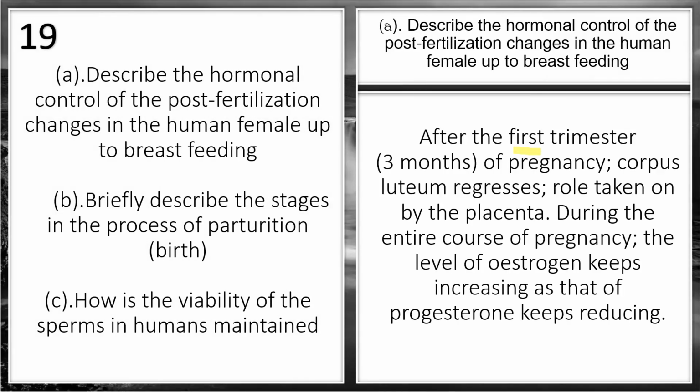After the first trimester, 3 months of pregnancy, the corpus luteum regresses. The roles are taken over by the placenta. During the entire course of pregnancy, the level of oestrogen keeps increasing as that of progesterone keeps reducing.